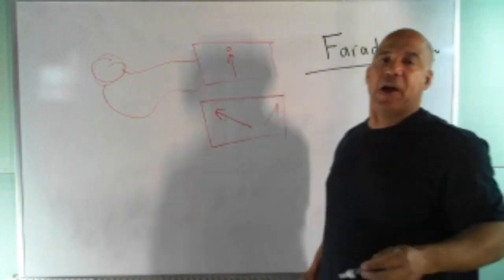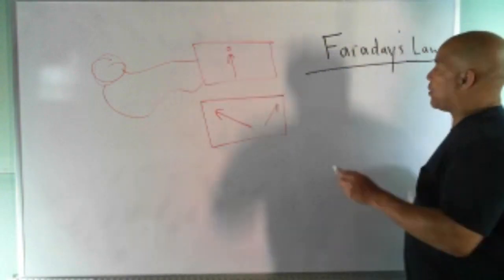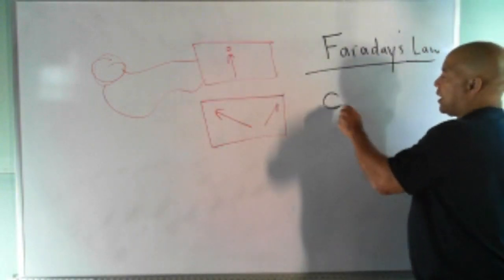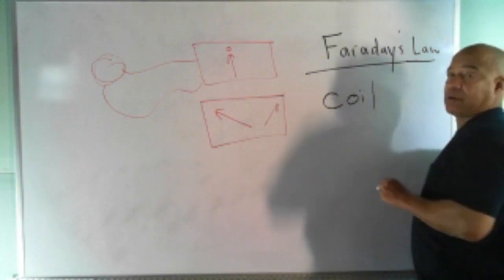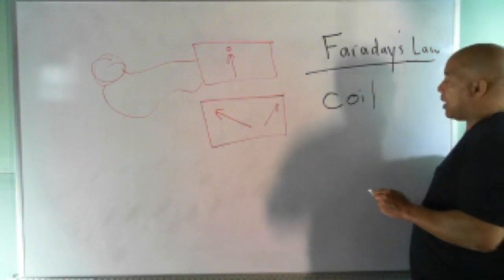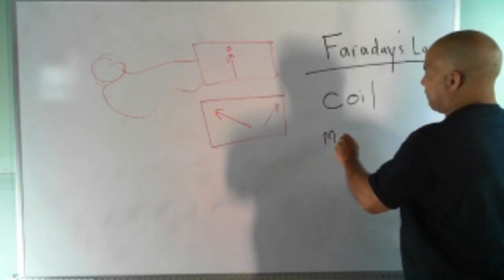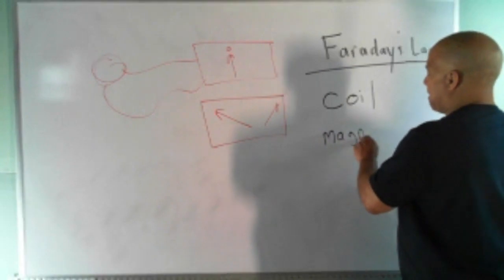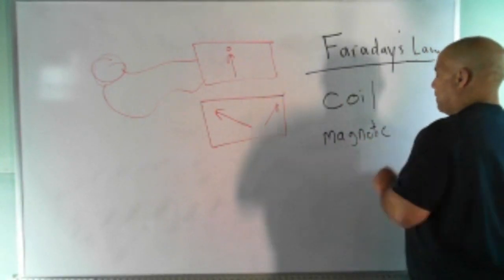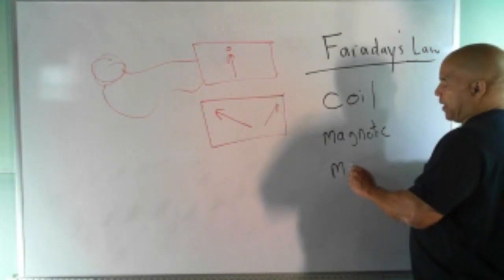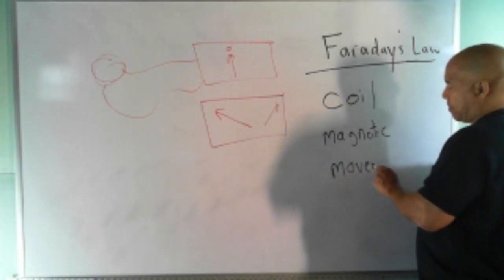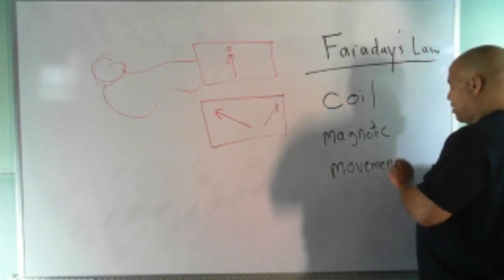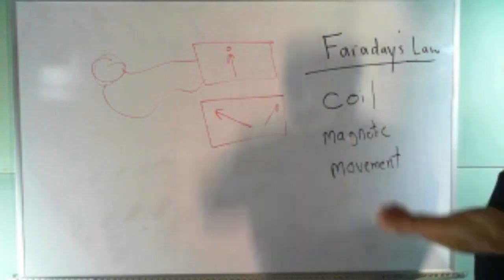But Michael Faraday said that you can induce or create a voltage if you have a coil or conductor. I've got to have a conductor or coil of wire. I've got to have a magnetic field. And I've got to have movement between the magnet and the coil.